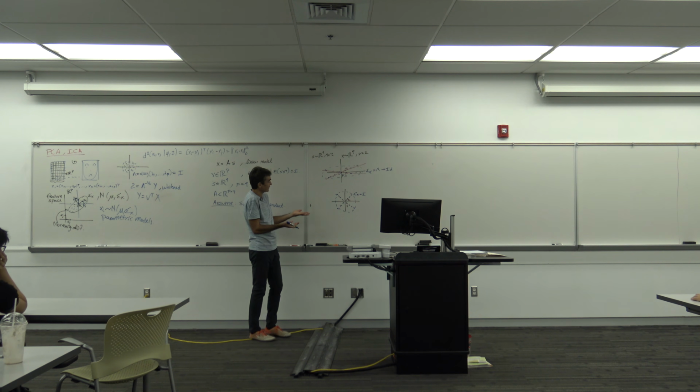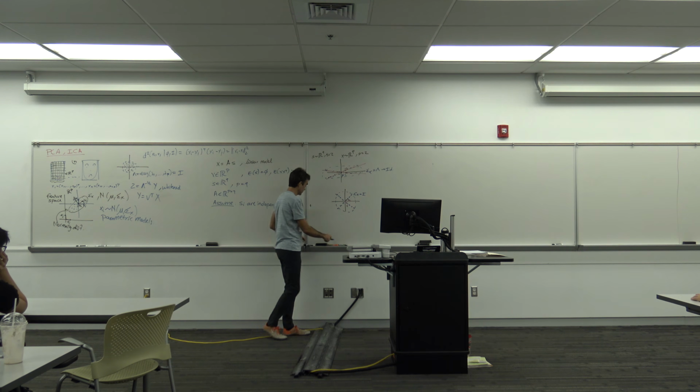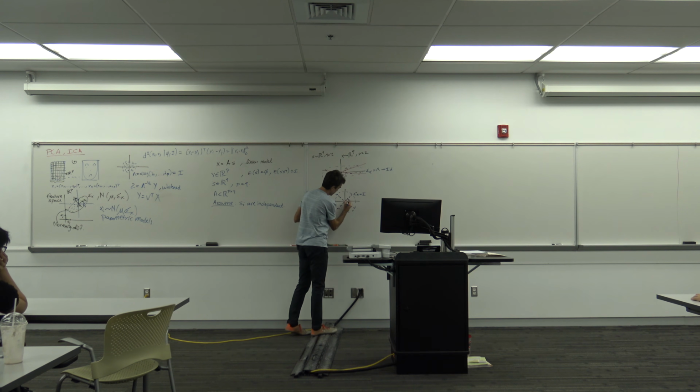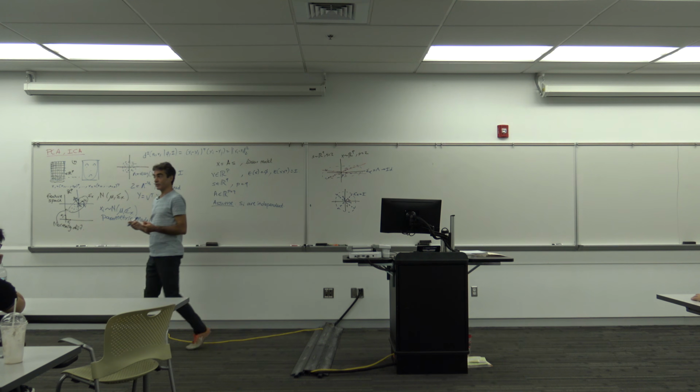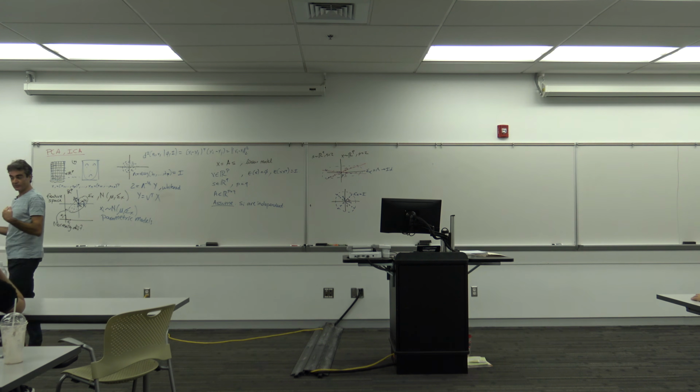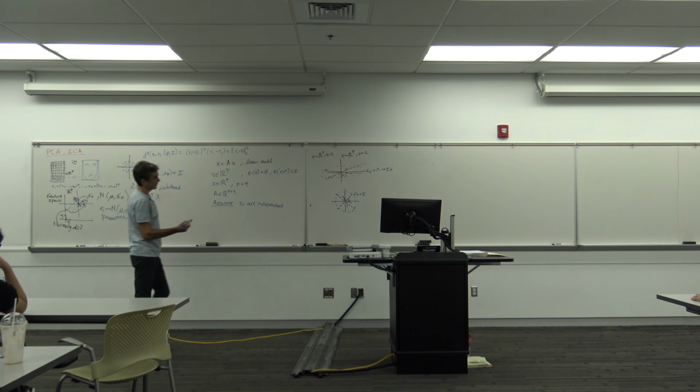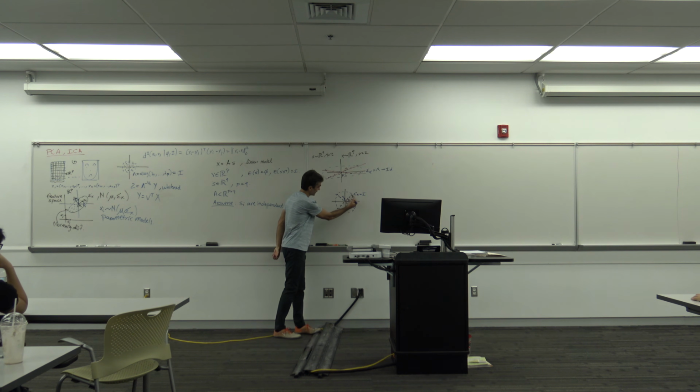But have I recovered S1 and S2? No. I have recovered this one, V1, and V2. But these are not S1 and S2. If I recover V1, all I'm going to do is project all these samples orthographically onto V1.